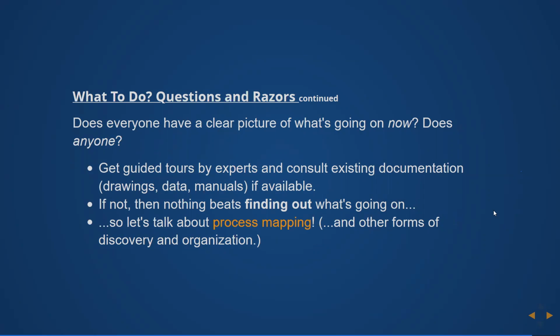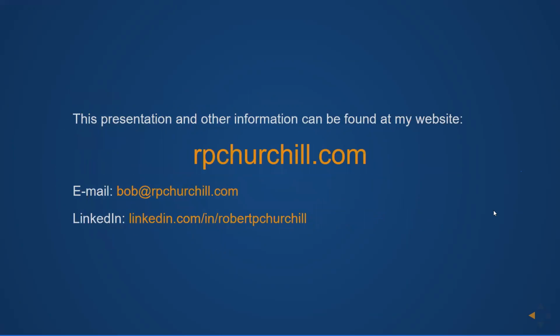We can talk about process mapping or characteristic mapping or discovery, but that's essentially the technical details of how you start doing your work. These are kind of abstract questions to ask, and if you can answer these, it'll clarify what's going on and hopefully what you need to do to move forward.